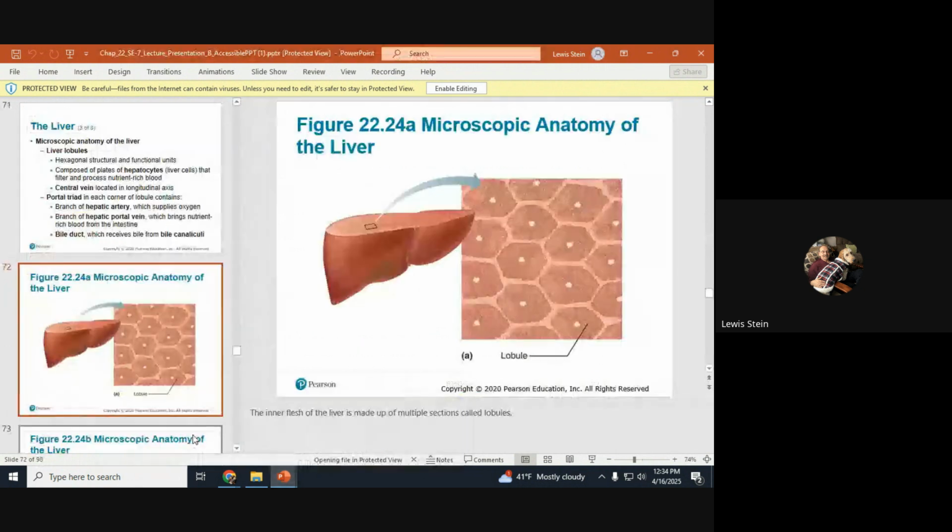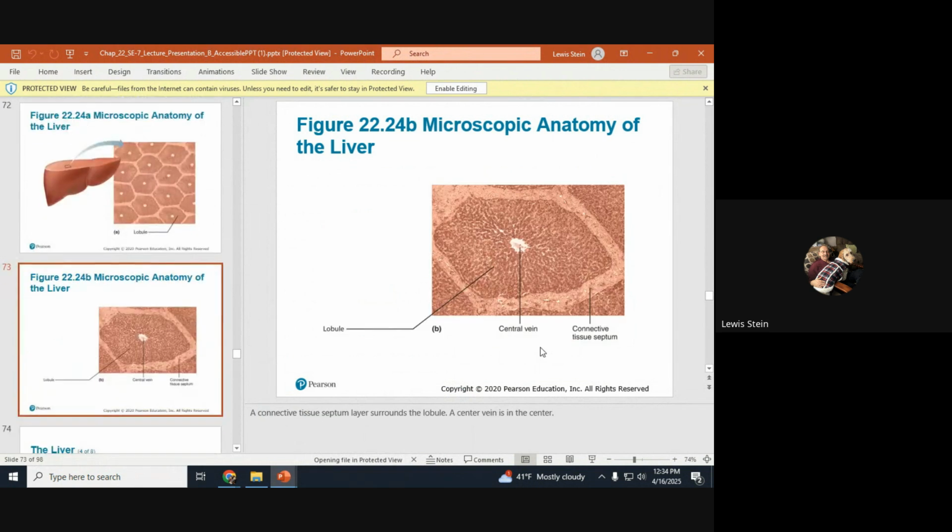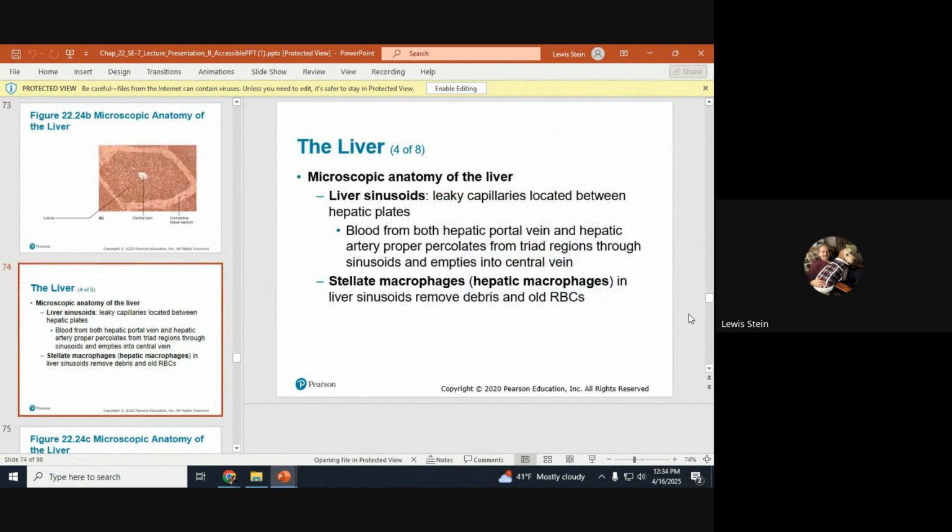I don't know if the illustrations are any better for you as I scroll. That's a typical lobule. You can see the vast amount of cells. The liver is enormous. This is a tiny amount of the liver, just one tiny micrograph of it, so you can imagine how much it's doing. Everything is going toward that central vein.